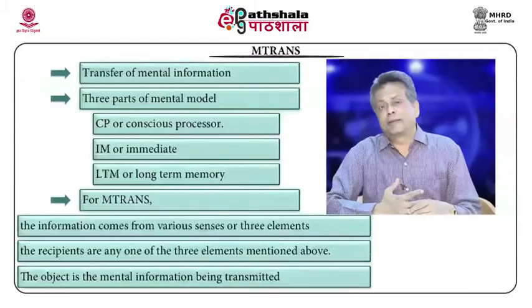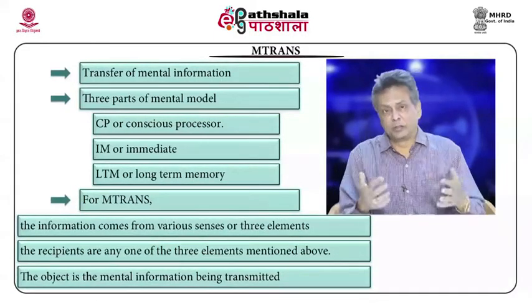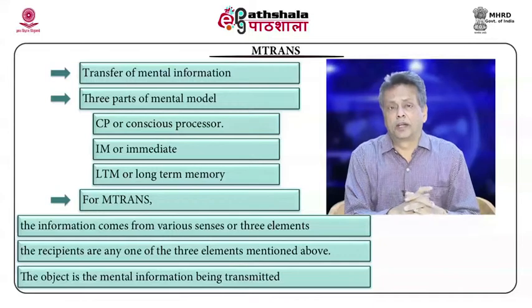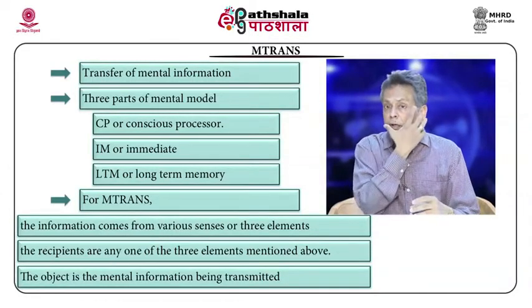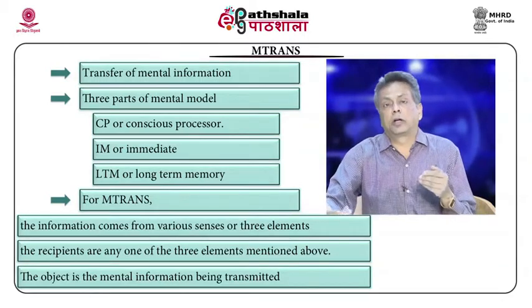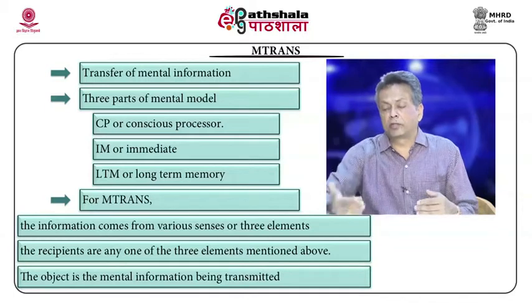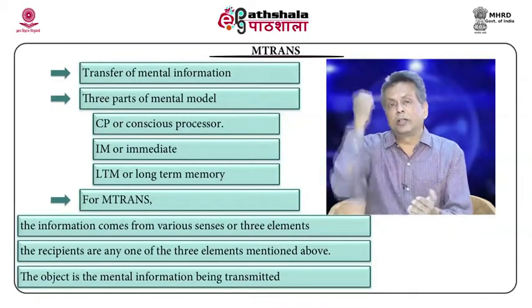The other one is called M trans, mental transformation, something where the mind is involved. M trans is quite important here. For example, what is the verb reading? Reading is about transferring information by M trans. For example, I am reading a newspaper, so from that newspaper the information is going into my mind.